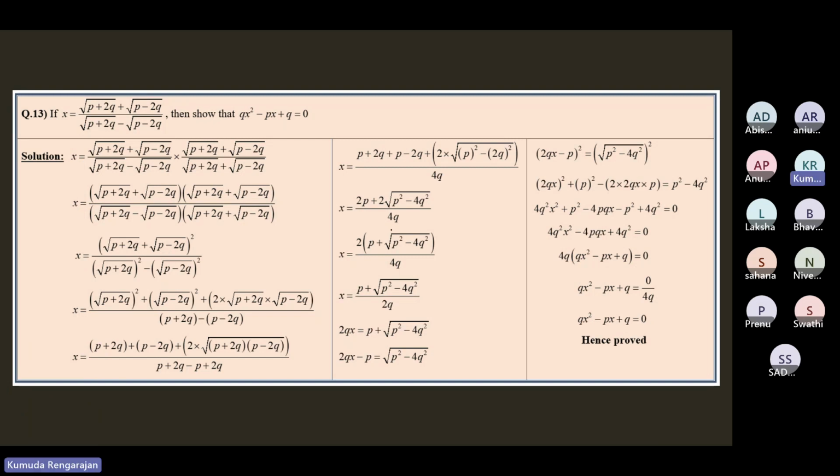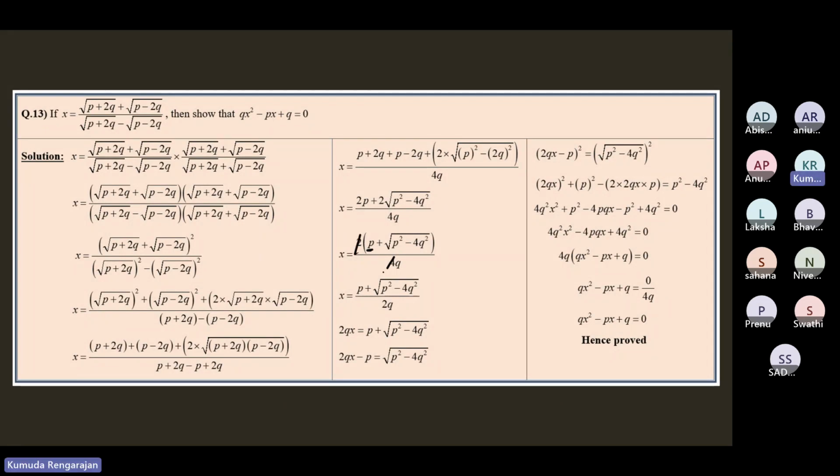Now you can see this is a golden rule. Whenever there's something common, take out the common factor. In the numerator, this is one term, this is another term, and both of them have 2 in common. So take out 2 as a common factor. Then you get P plus root of P square minus 4Q square by 4Q.